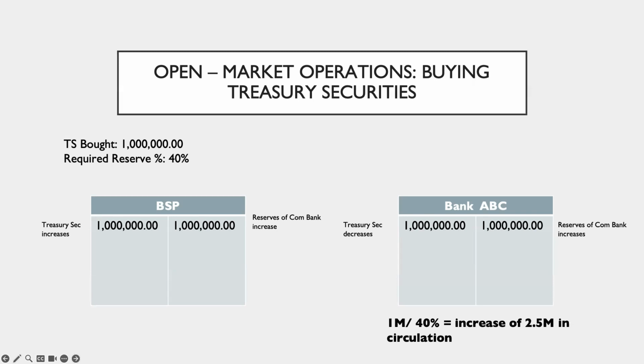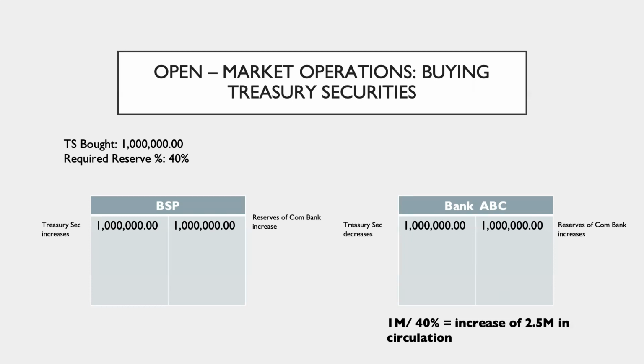But in exchange, the payment goes to Bank ABC and increases the reserves of the commercial bank, and therefore the BSP's liability to Bank ABC also increases. So what is the impact of this particular transaction?